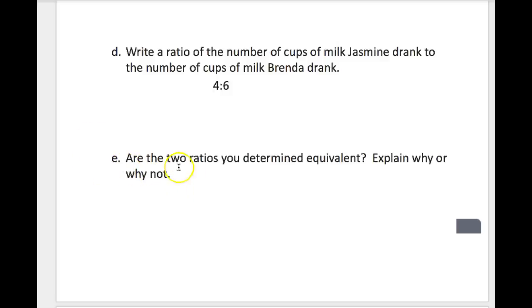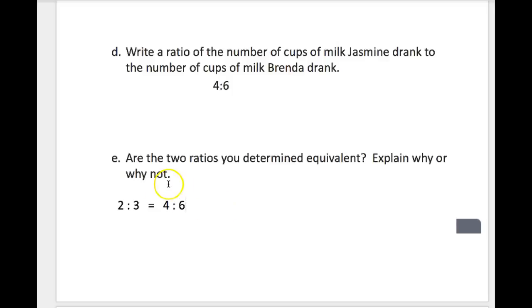Now the next question says, are the ratios you determined equivalent? Explain why or why not. Well, the ratios we came up with, the first one was 2 to 3. And the second one we came up with was 4 to 6.